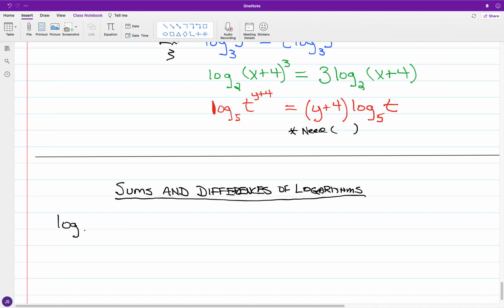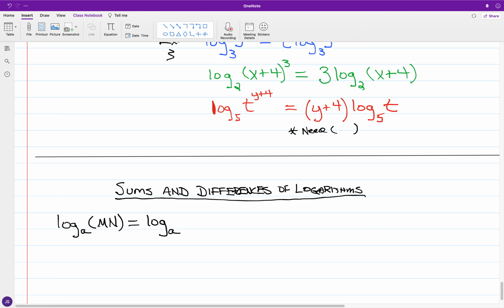say if I have a base A logarithm of two factors in the attachment where we have m and n and they are multiplying each other. Okay, we have the base A logarithm of m times n. Now you're going to have multiplication to imply addition.